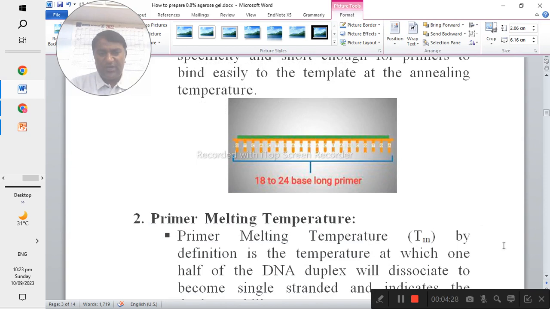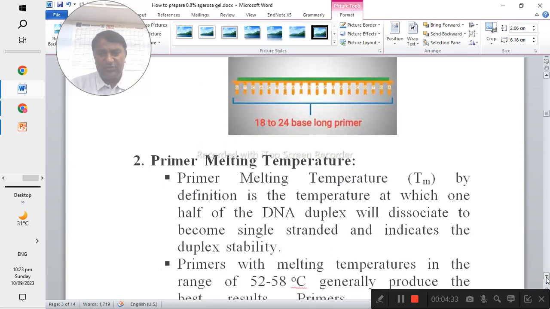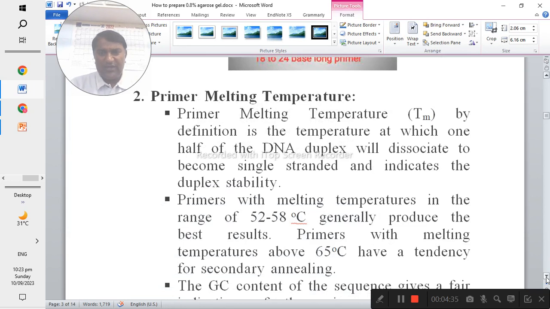Next is the primer melting temperature. It is also very important. The primer melting temperature, by definition, is the temperature at which half of the DNA duplex will dissociate to become a single strand, and it indicates the duplex stability. Primers with a melting temperature in the range of 52 to 58 degrees centigrade generally produce the best results.